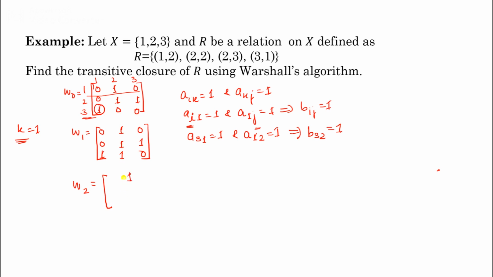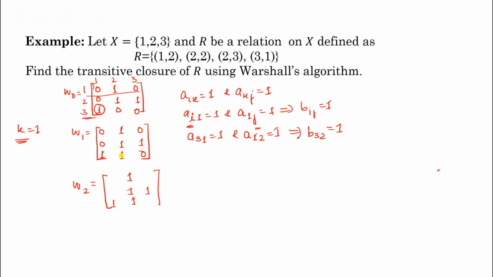First write the 1s. Wherever this is 1, in the corresponding places of the next matrix, those places will be 1. So 1, 1, 1, 1, 1, 1.